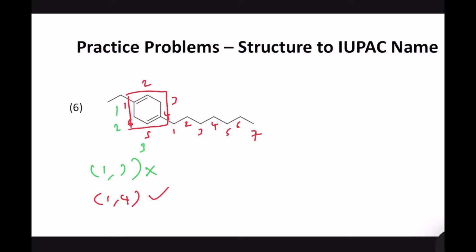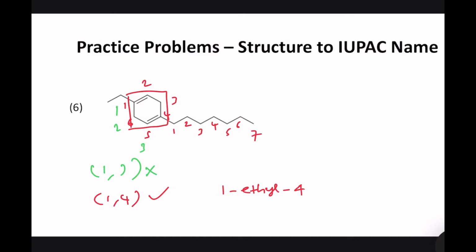Our parent chain here is a cyclohexadiene and we have a heptyl chain as a substituent and also an ethyl group as a substituent. Between ethyl and heptyl, ethyl comes first, and therefore the IUPAC name for this molecule is 1-ethyl. At 4 position that heptyl chain is there.